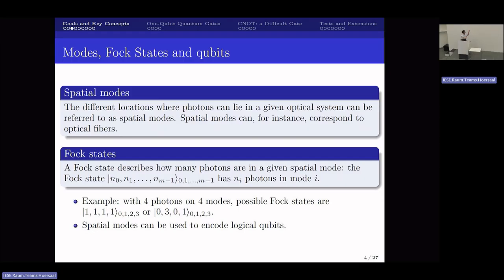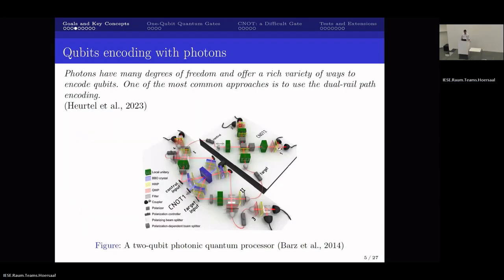We have two examples of Fock states with 4 photons on 4 modes. We can have 1 photon on each of the modes, or we can have many in some modes and none in others. And what I'm claiming is that spatial modes can be used to encode logical qubits, as in qubits that are made of photons and not as in logical error-corrected qubits. So we have to make that distinction.